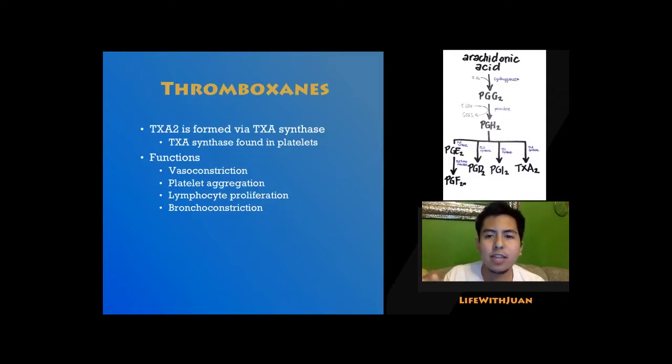Now, thromboxanes, our first product, is formed via thromboxane synthase, which you find a lot in your platelets. Now, as I said in our last video, thromboxane is important for vasoconstriction, platelet aggregation, as well as proliferation of lymphocytes and bronchoconstriction. Those last 2 I didn't actually mention since I was focusing on platelets.